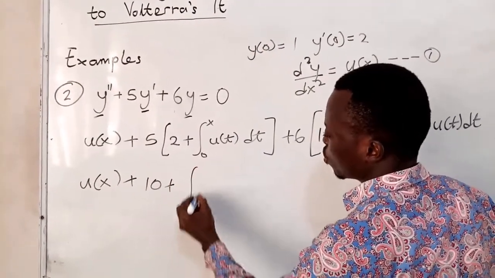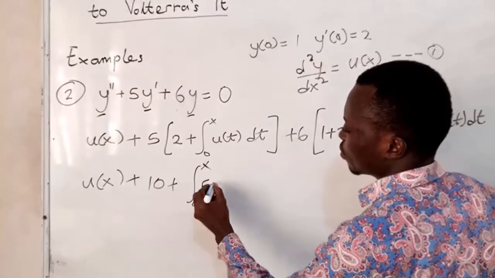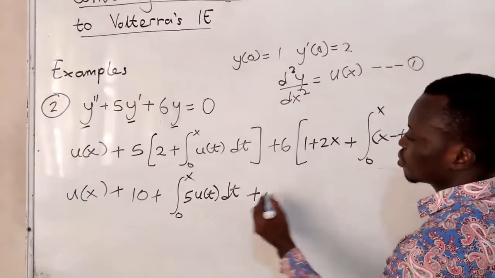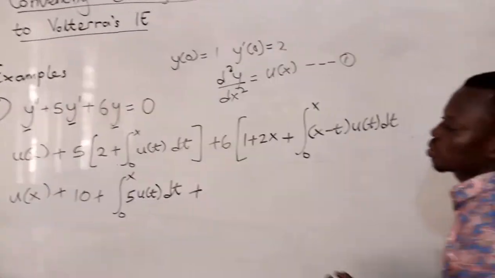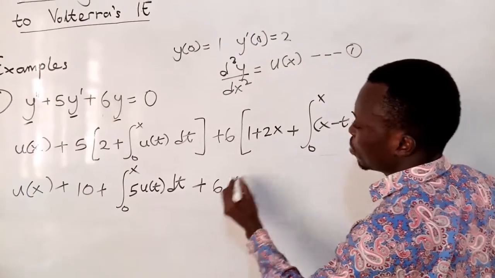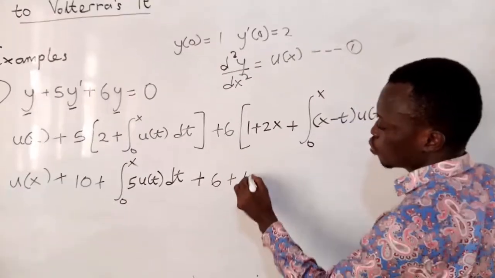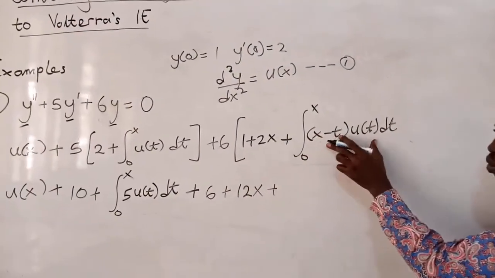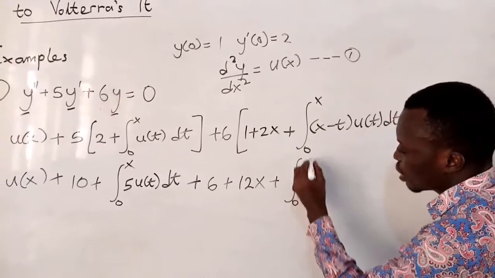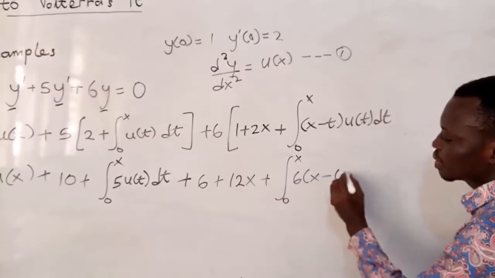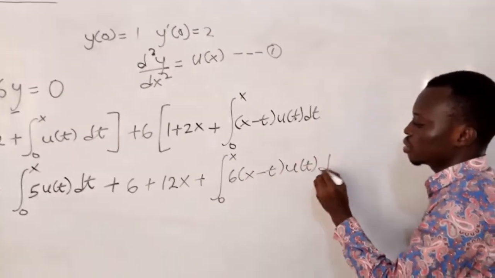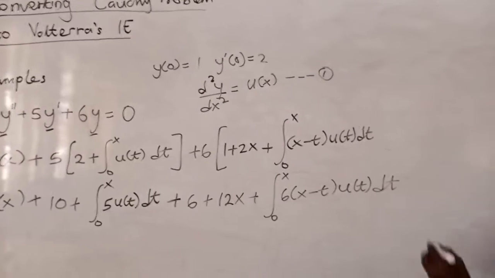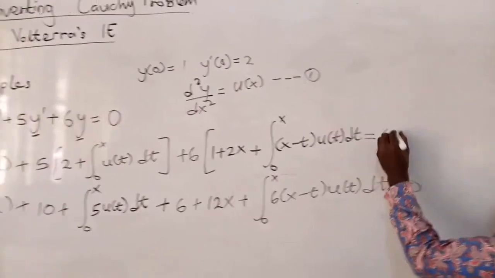So the integral from 0 to s of 5 u of t dt, plus 6 times 1, I'm going to have 6, plus 6 times 2s, which is 12s, plus 6 times the whole of this. I'm going to have the integral from 0 to s of 6 times (s minus t) u of t dt, which is equal to 0. The whole of this is equal to 0.